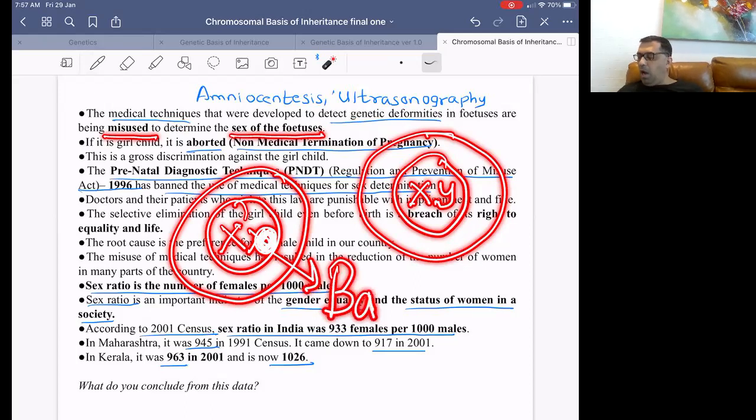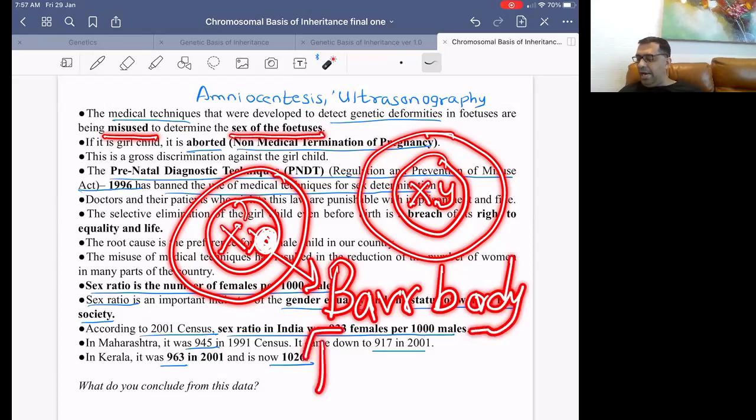If a bar body is seen, then it indicates a double X condition, which means it's a female child.